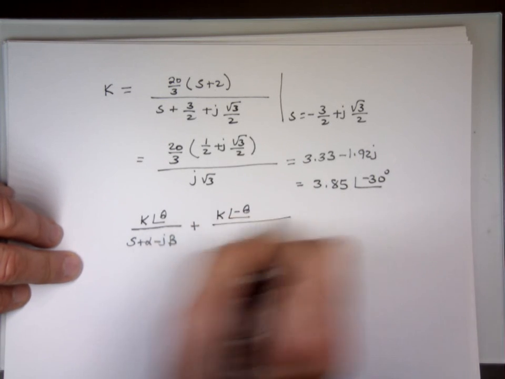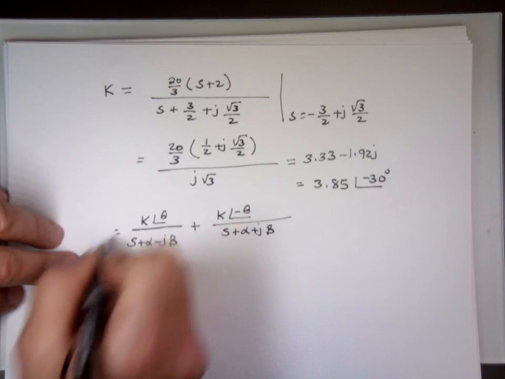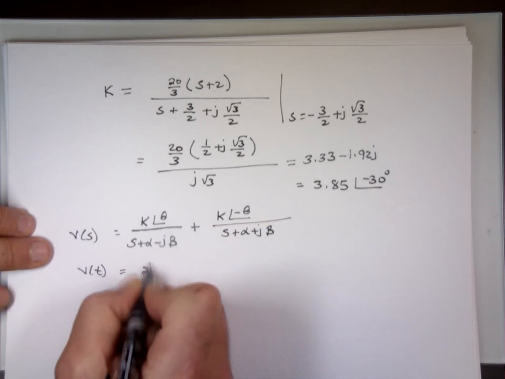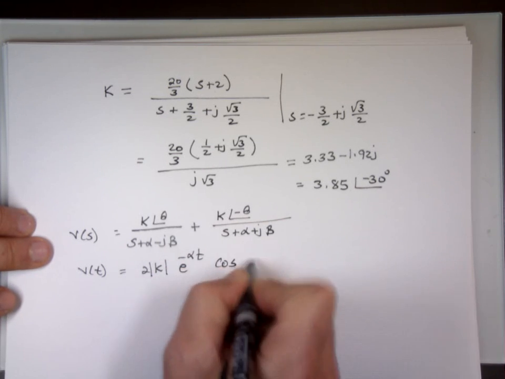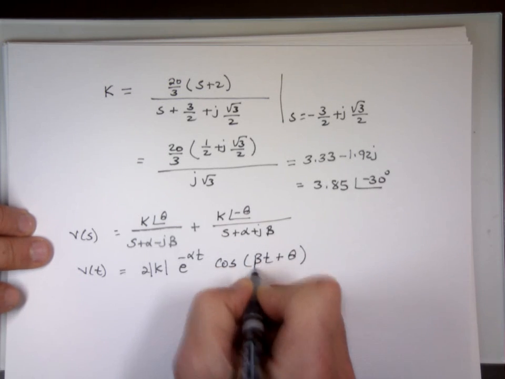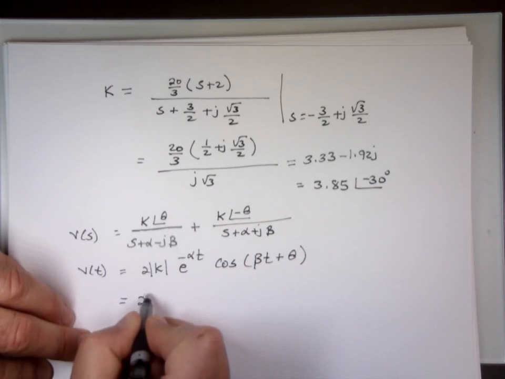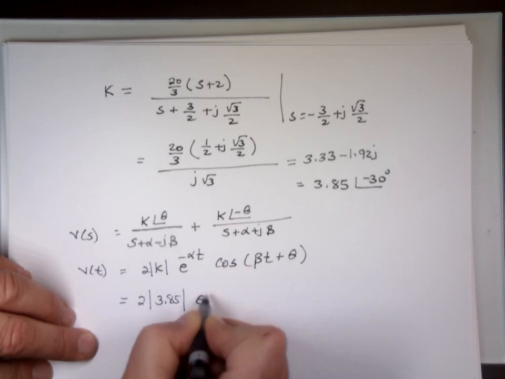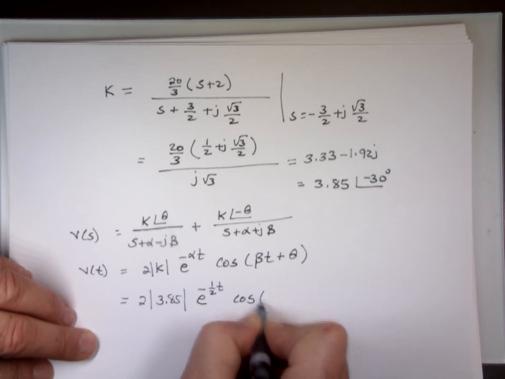The solution to that, as a function of time, v of t, will be 2 times the absolute value of K, e to the minus alpha t, cosine beta t plus theta. So if I use that here, my solution is going to be 2 times the absolute value of 3.85, which is a positive number, e to the negative alpha t, cosine beta t, where beta is the square root of 3 over 2, and we get the negative 30.